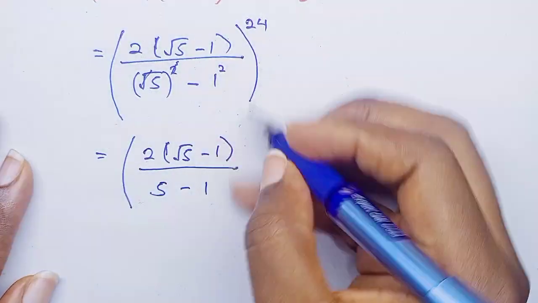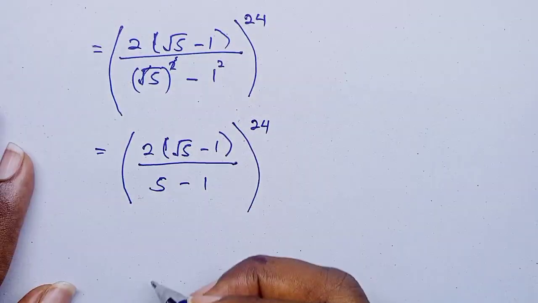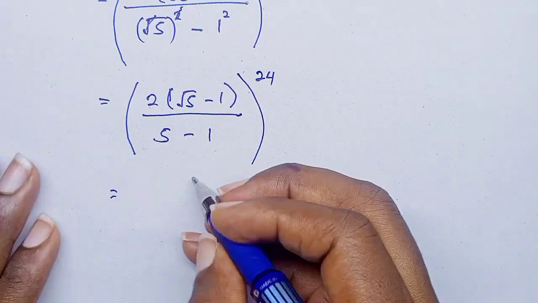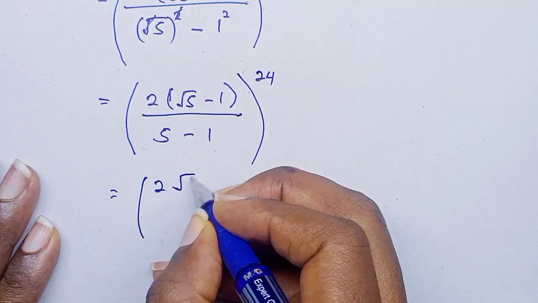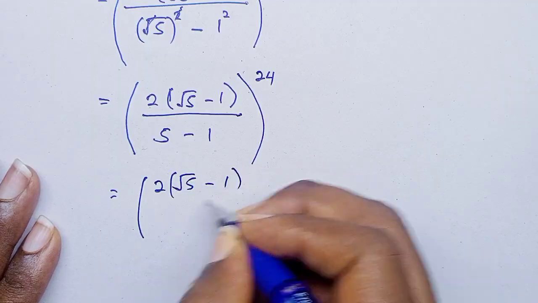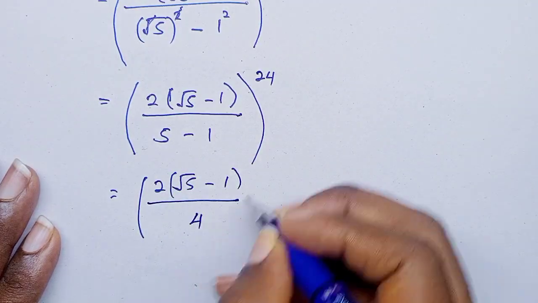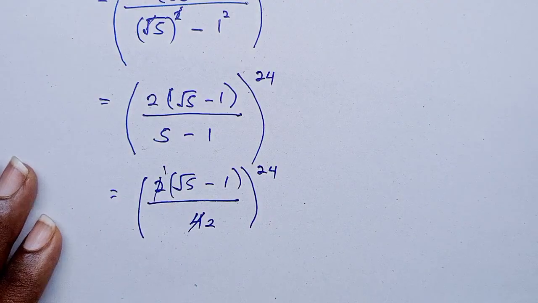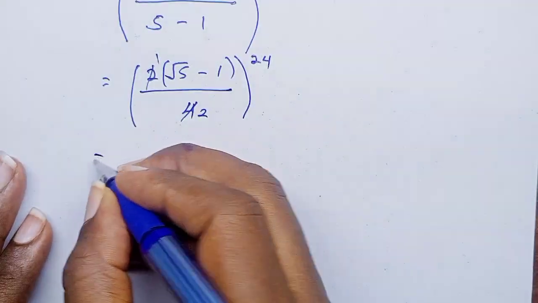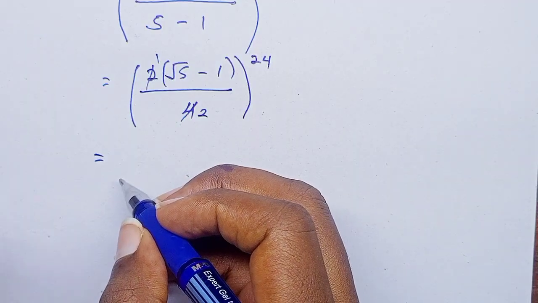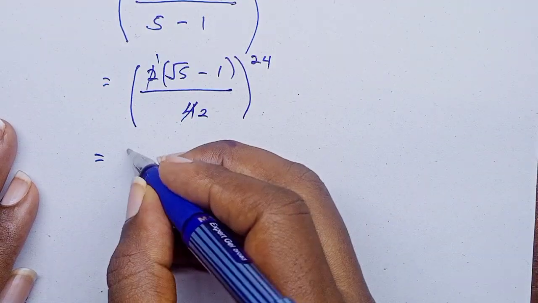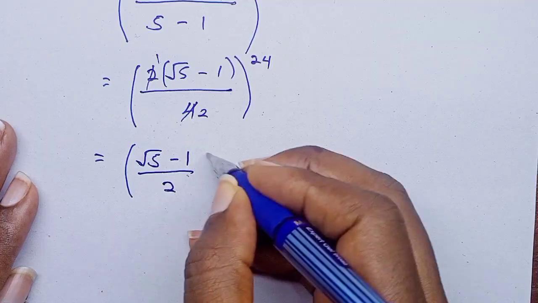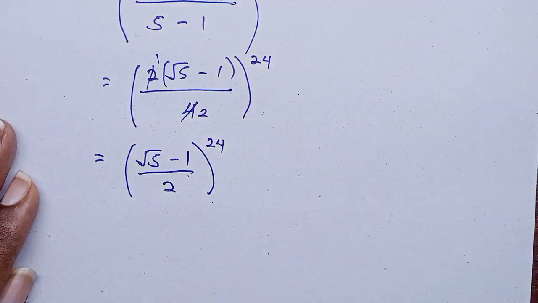So 5 minus 1 to power 24, which is equals to 2 root 5 into root 5 minus 1 over 5 minus 1 is 4 to power 24. 2 goes into 4 2 times. So this is equals to root of 5 minus 1 over 2 to power 24.